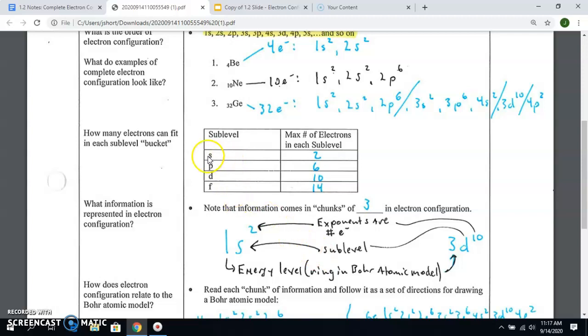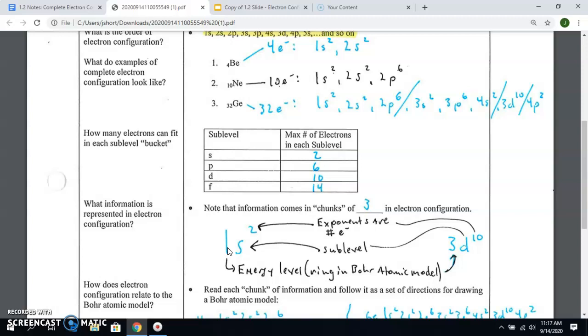Remember, the sublevels are S, P, D, and F, which are like buckets that can hold a maximum number of electrons. And then the exponents are the electrons themselves. So this 10 right here means 10 electrons in a D sublevel, in a third energy level. This here means 2 electrons in an S sublevel, and that S sublevel is on the first energy level.